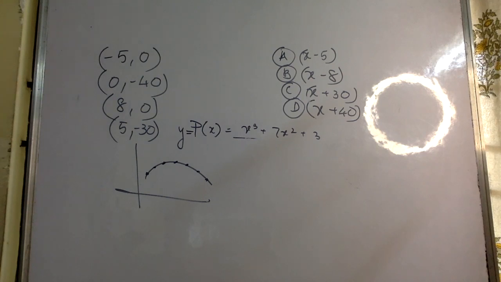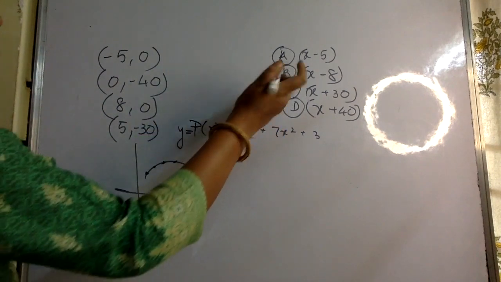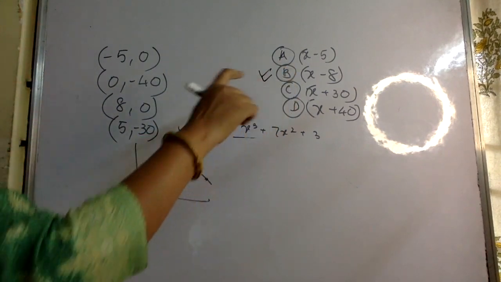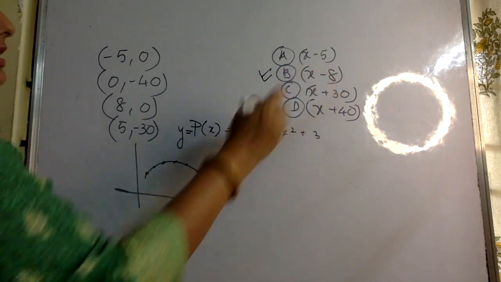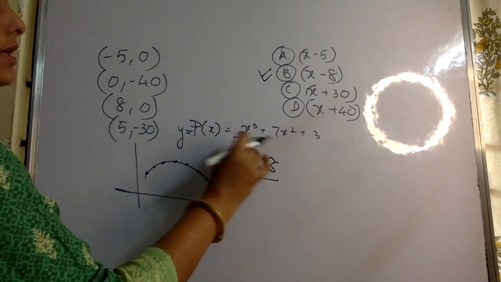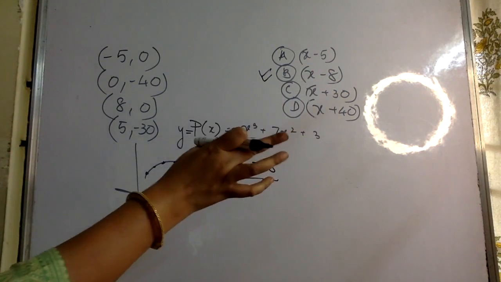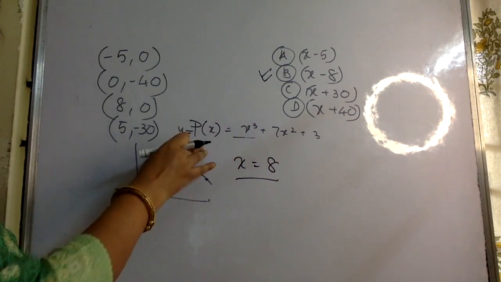So the only correct option out of all 4 is this one, where I know for sure that if I substitute x equal to 8 in the given polynomial, whatever polynomial it is, this is not the correct polynomial, I have made it up, I repeat.